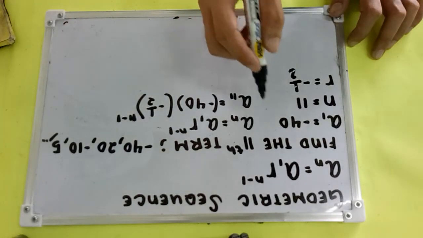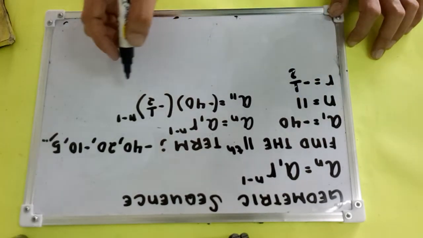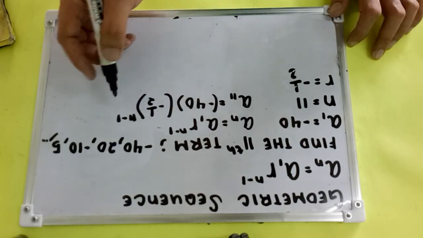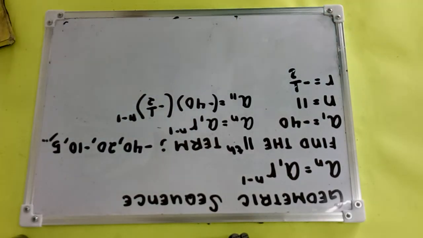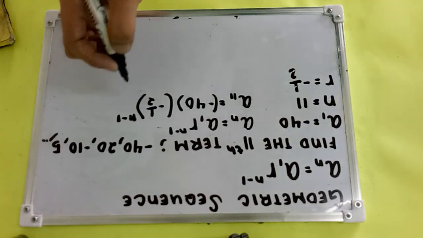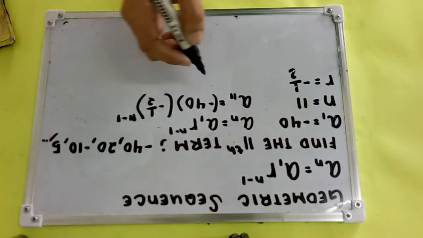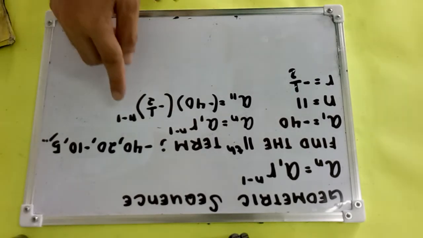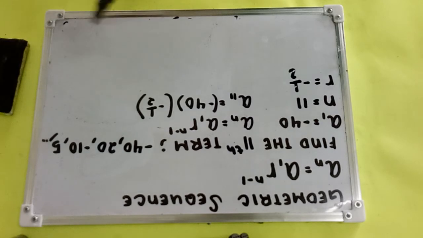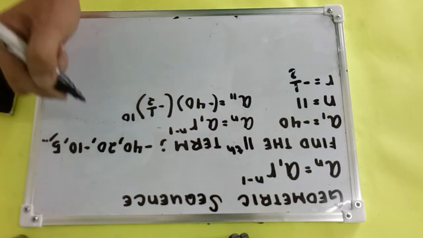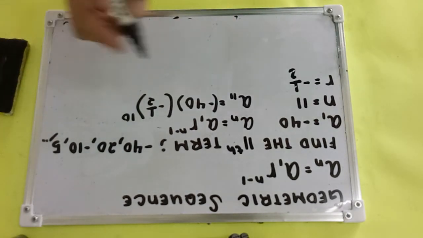So, if we substitute the given to our formula, ito yung kakalabasan. And then, if we perform the operation, of course, we will follow GEMDAS. So, unahin natin itong exponent. 11 minus 1, shortcutin na natin. Gawin natin 11 minus 1, yung exponent niya, gawin na natin itong 10, para hindi aksayado sa space.